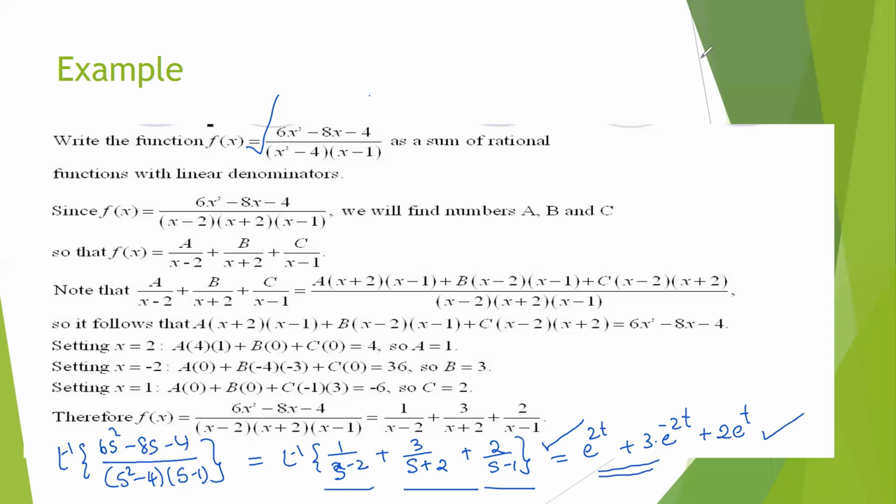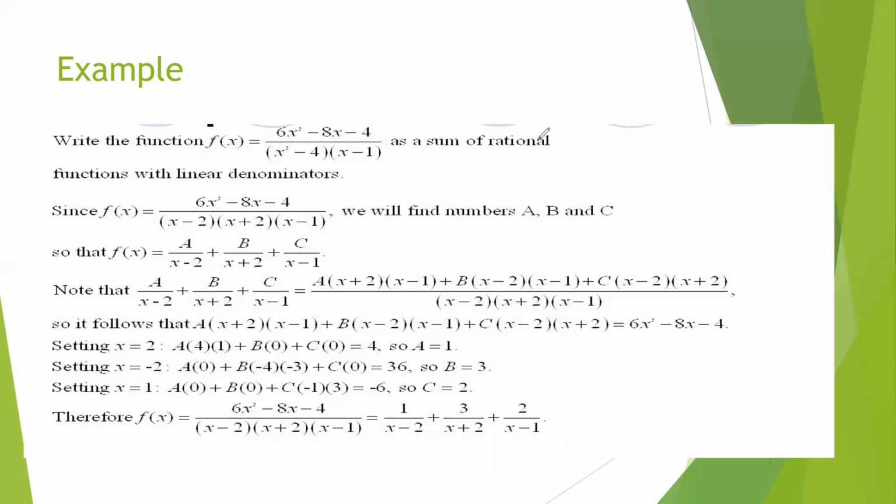These are the important points to be memorized, and this procedure should be followed to find the inverse Laplace transformation of rational functions. Partial fractions is the most important procedure used to find the inverse Laplace transformation of all rational functions.